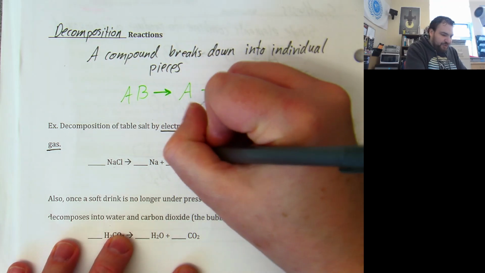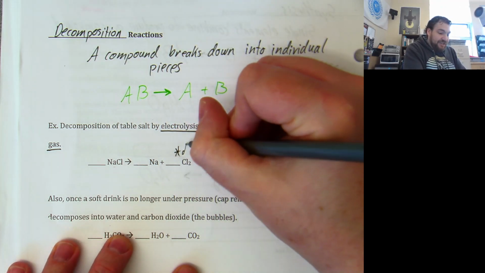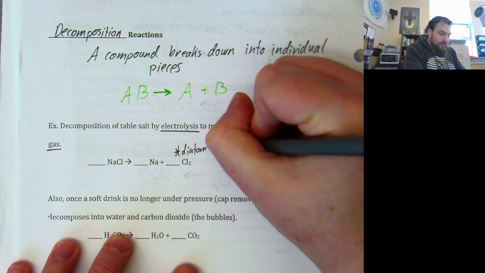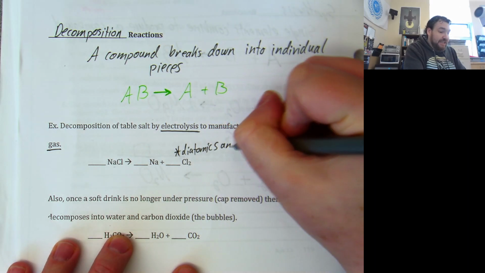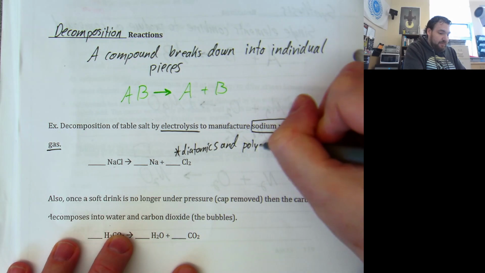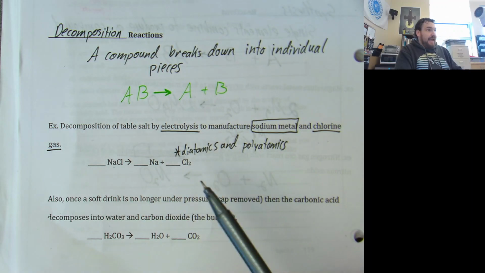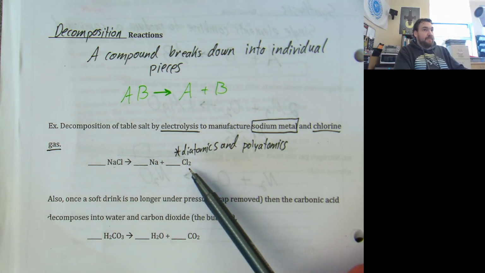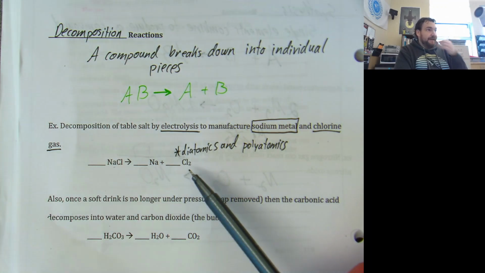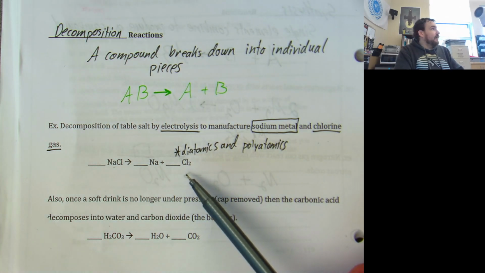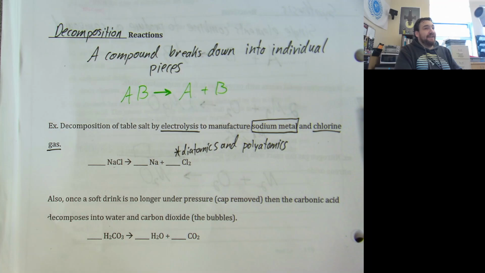The important parts to remember here, the diatomics and the polyatomics, are going to get produced as diatomic elements or polyatomic elements. So if you recall, the ones you want to be aware of are things like hydrogen, nitrogen, oxygen, fluorine, chlorine, bromine, and iodine.